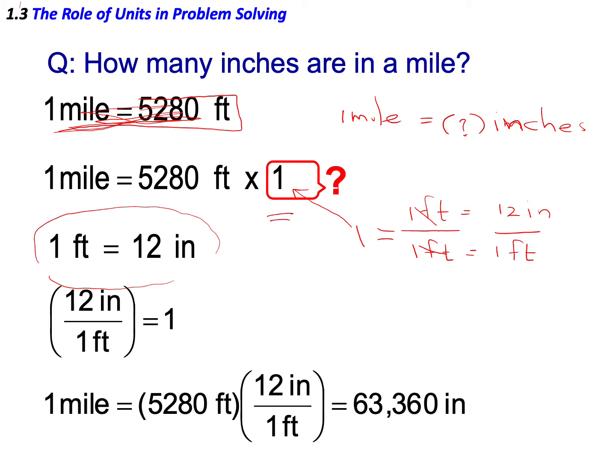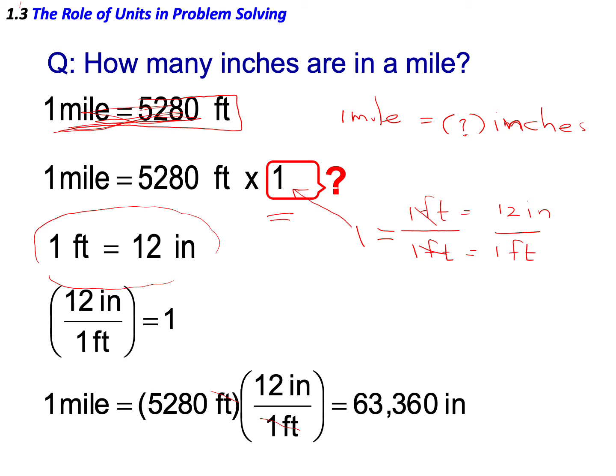If I do that, you have 5280 feet divided by 1 foot, so you cancel foot with the foot in this conversion. Therefore you end up in inches. So your final answer is 1 mile equals 5280 multiplied by 12 inches, which is 63,360 inches.